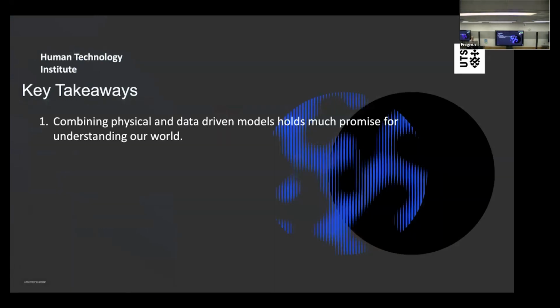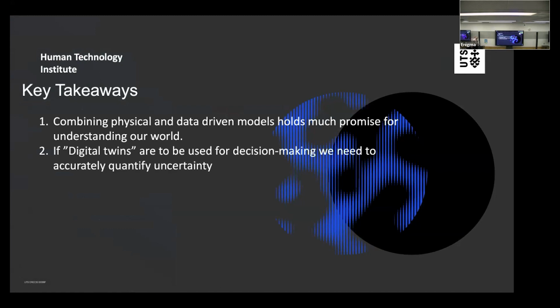I think there's a huge advantage in combining physical and data-driven models to understand our world and how it works. If we're going to use these models for decision-making, then accurate quantification of uncertainty is really important. If we're going to use it to drill a hole for geothermal energy, we want to understand not just the most likely outcome, but accurate uncertainty quantification is really, really important.